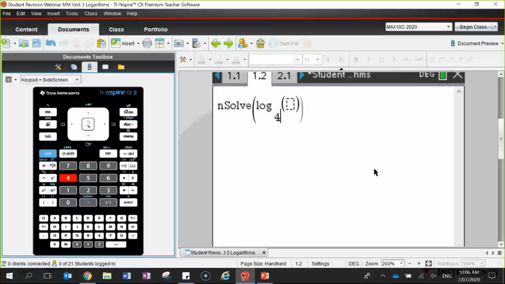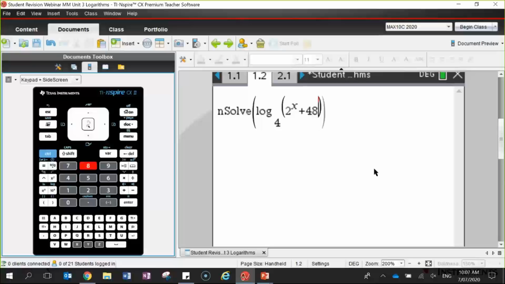With a scientific calculator, you can only work base 10 or base e, which is your natural logs, but because we've got a graphics calculator, in particular the TI-Nspire, we are able to work logs of any base. So the calculator allows us to put whatever base we need in there. So I've got log base 4 of 2 to the power of x plus 48.